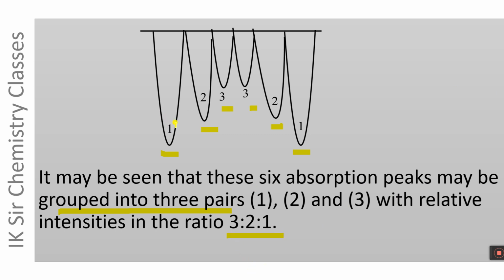The absorption peaks grouped as 1 have higher intensity, while those grouped as 2 have lower intensity, while those grouped as 3 have even lower intensity, and the intensities of these absorption peaks depend upon the transition probabilities of the states involved.